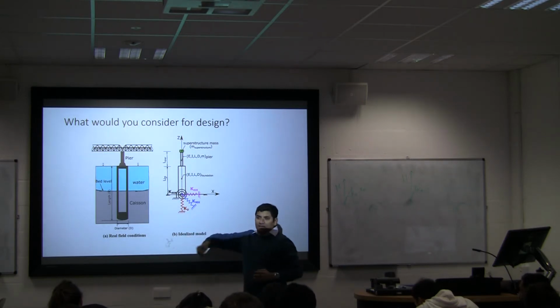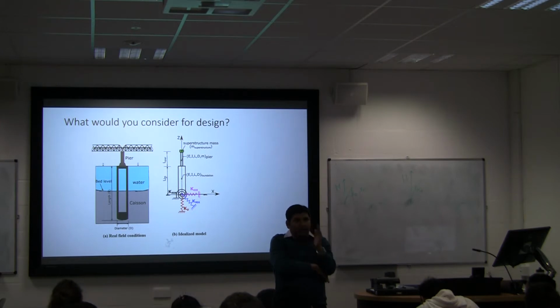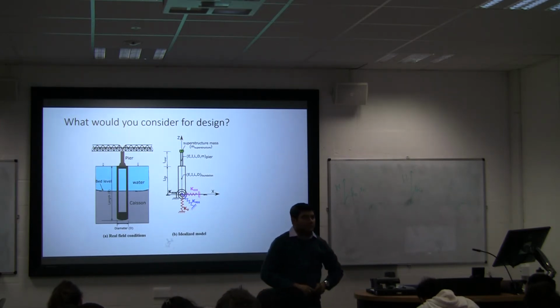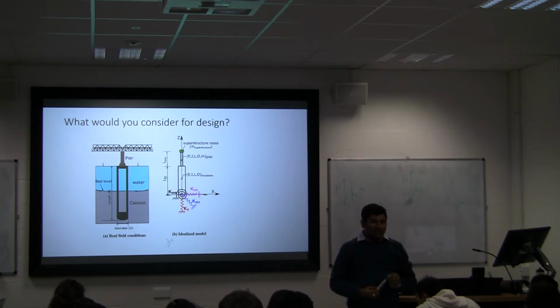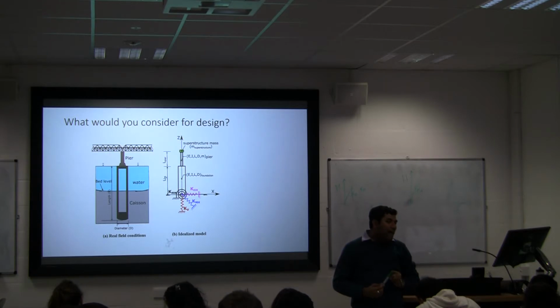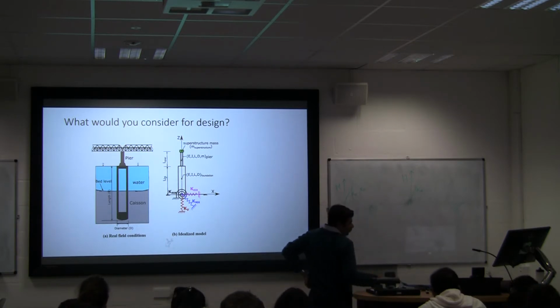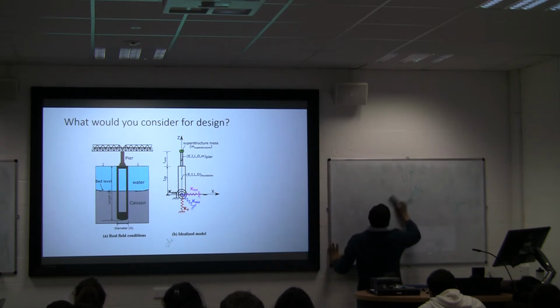KV is the vertical: I apply the vertical load, what is the settlement? The linear part. What is this one, KMH? What does combined mean? What does resultant mean?